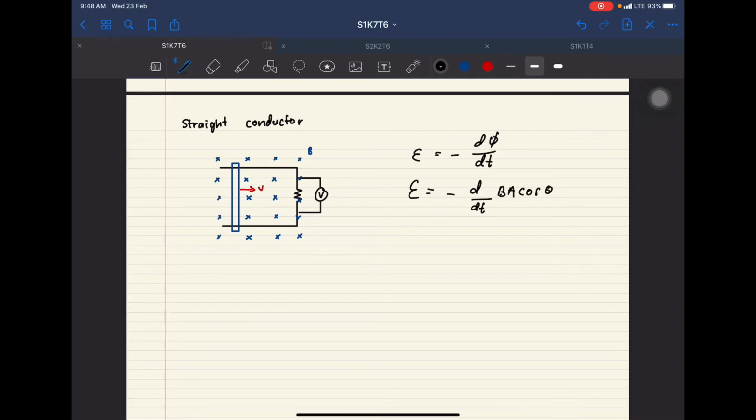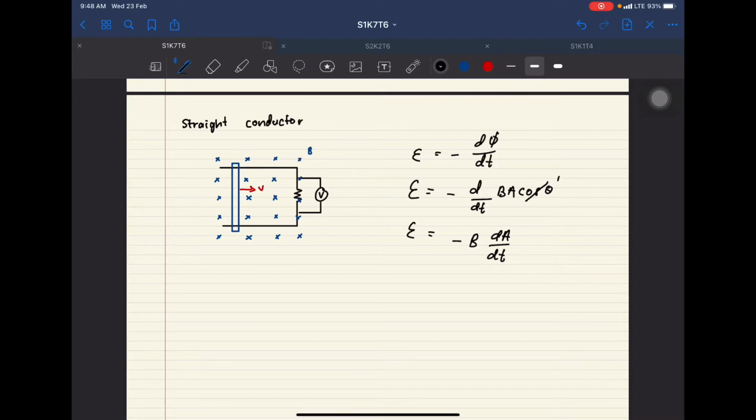Okay, and in this example here, theta becomes 0 degrees, so cos theta is always 1, right? So you are left with B and A. Obviously B is not changing, so I can bring B outside, so you can write down negative B dA over dt.